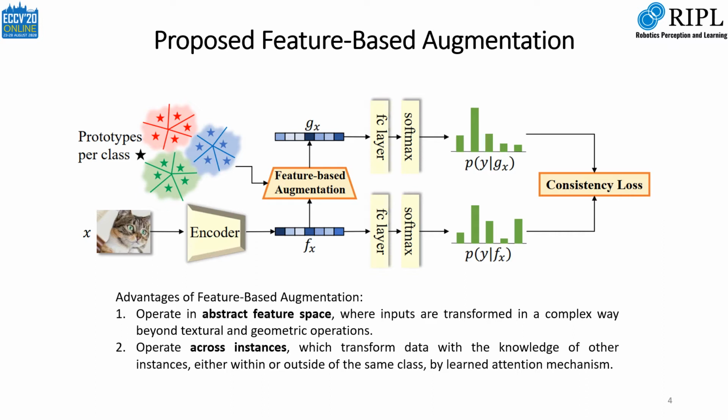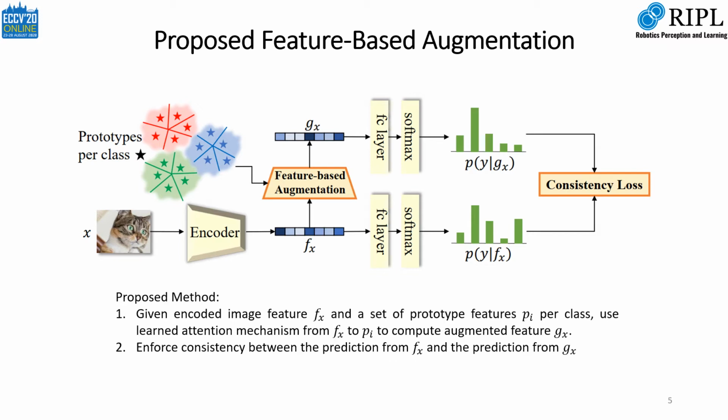Compared to image-based augmentation, our proposed feature-based augmentation module has the following advantages. First, it operates in the abstract feature space that transforms input data in a complex way beyond simple textural and geometric transformations. Second, it operates across instances by a learned attention mechanism to a compact set of prototypes per class.